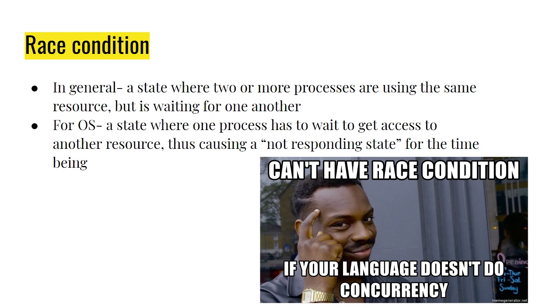Basically, when results depend on which task did the thing first. Let's say if task A did the thing first, that's correct. But if task B did the thing first, or if it did it while task A was working, then it's a problem. So that's a race condition. Basically, a condition which depends on which task got resources when.